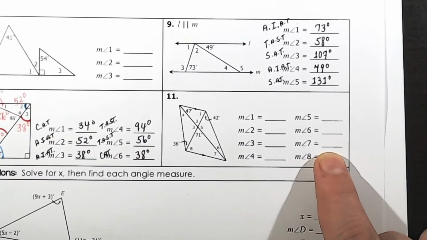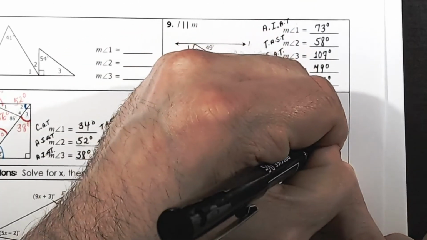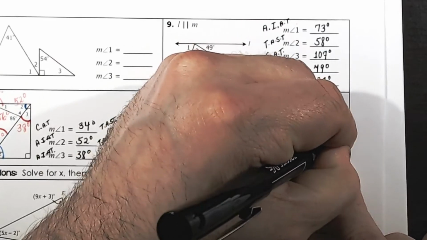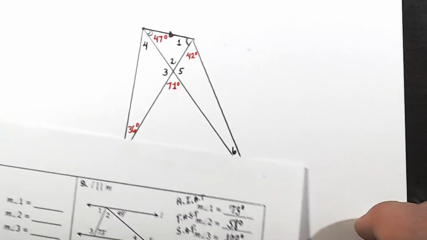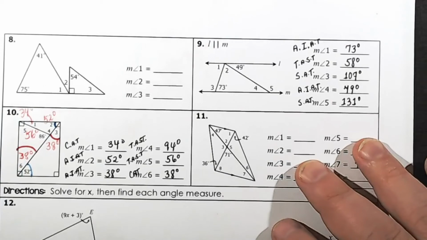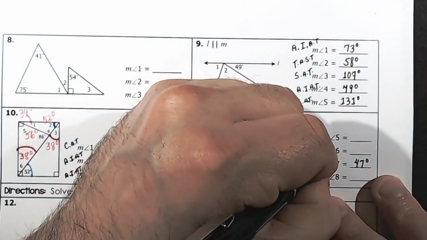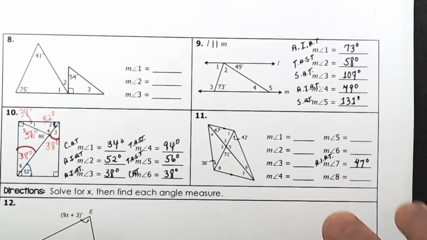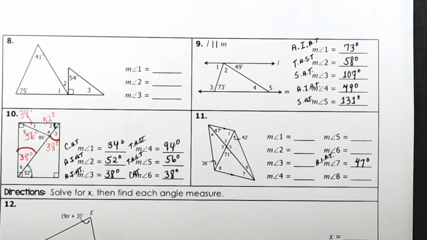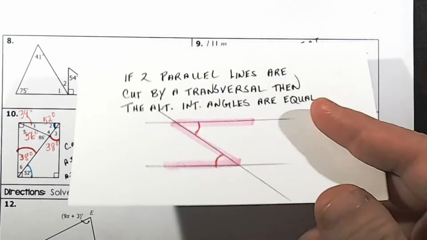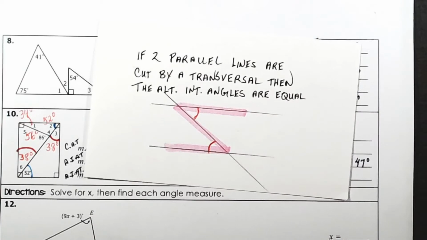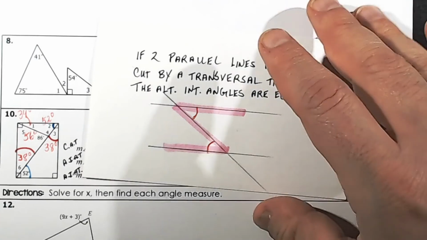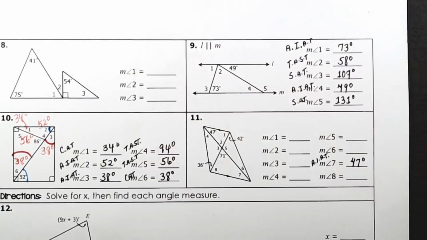So let's go back here and label angle 7, 47 degrees. And that was by the alternate interior angles theorem. Remember what that was. If two parallel lines are cut by a transversal, then the alternate interior angles are equal. So that's how we prove that for number 7.